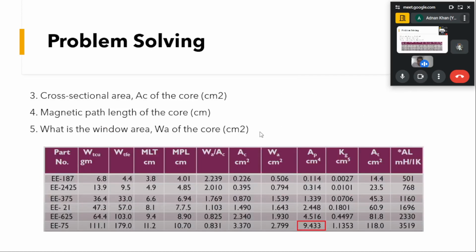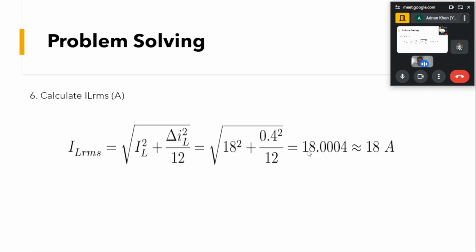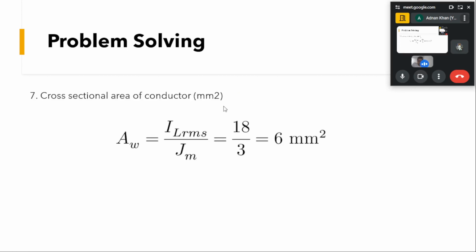If we know the current density and the current that is flowing, we can calculate the cross-section area, which is IL RMS divided by J. We want our answer in mm square, because the current was in amps and J is in amps per mm square, so the amps get cancelled, and the area of this wire came out to be equal to 6 mm square. So now we have the area of the conductor as well.